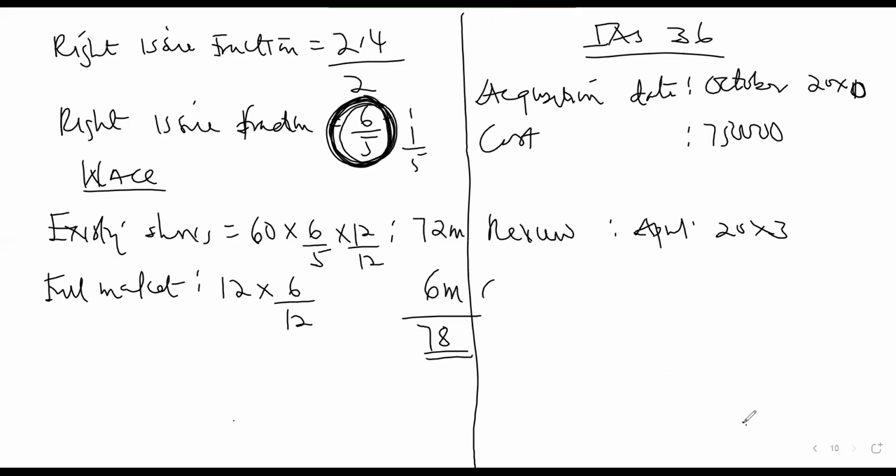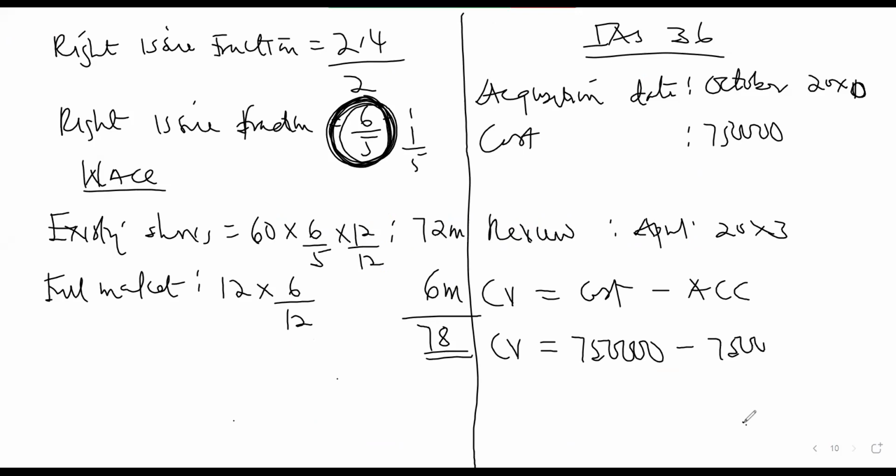6 months. So we need to find the carrying value of the asset as at the day that the review is done. We compare with the amount that we have that date. So that will be cost minus accumulated depreciation. The cost is 750,000 minus the accumulated depreciation, which will be 750 divided by 5 multiplied by 2.5, because we have used 2.5 years already.